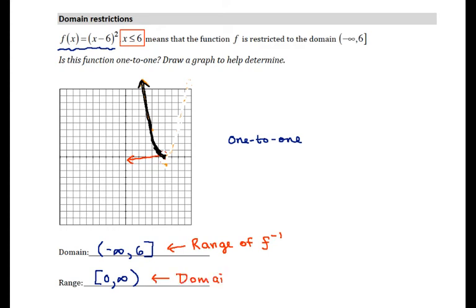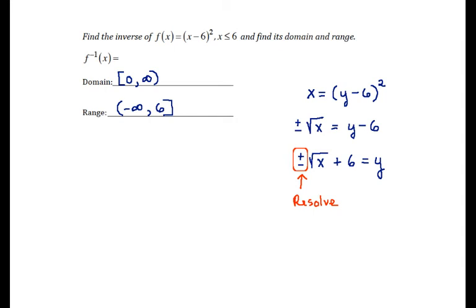So this is one of the things that I can do to help determine which of these situations I'm in, right? So I'm going to write down the domain and range now for my f inverse. The domain is 0 to infinity. The range is negative infinity to 6. The next thing I'm going to do is think about what the graph looks like of these two parts of the inverse function. So if I draw just a quick little coordinate system, I'm not going for a perfect graph.